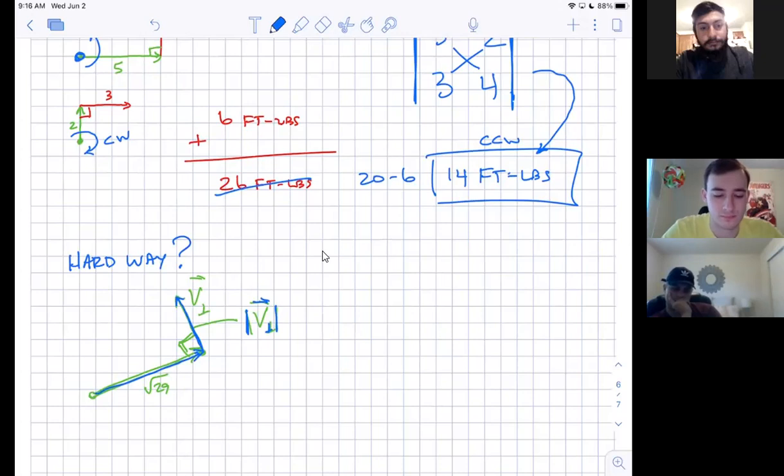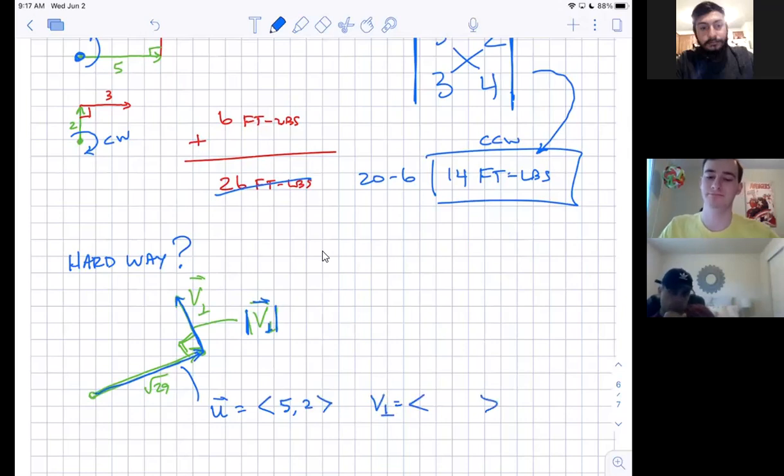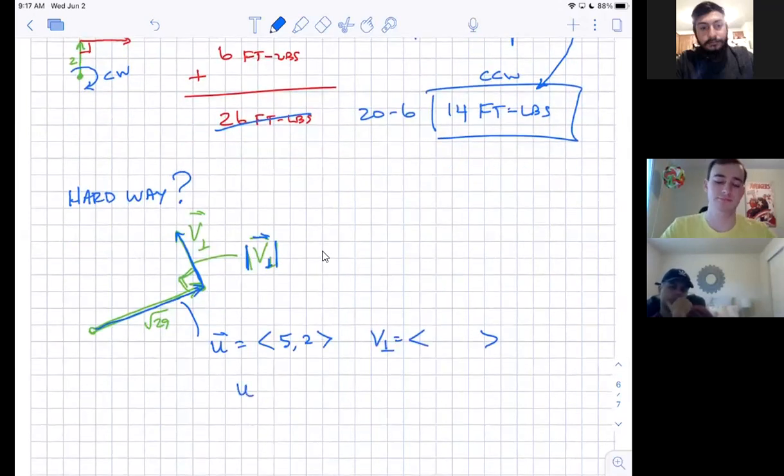Well, remember this vector was our u, and it was over 5 up 2, right? Isn't it when you take the dot product, it equals 0? Yeah. So we need some other vector, v perpendicular, so that when we dot product those, and again, we're never going to do this.